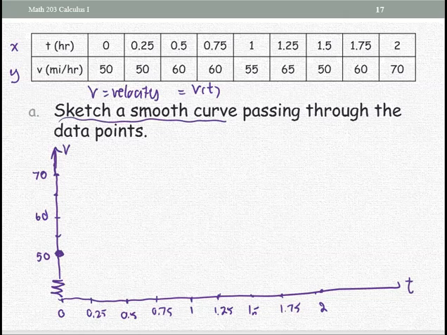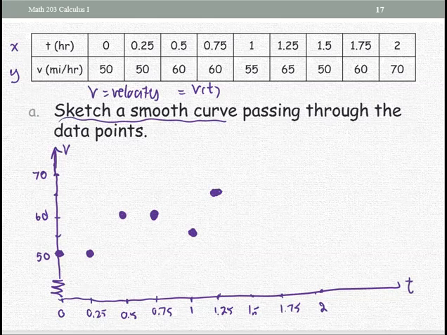So at 0, the velocity is 50. At 0.25, velocity is also 50. At 0.5, velocity is 60. At 0.75, another 60. Then 1.25, 65.